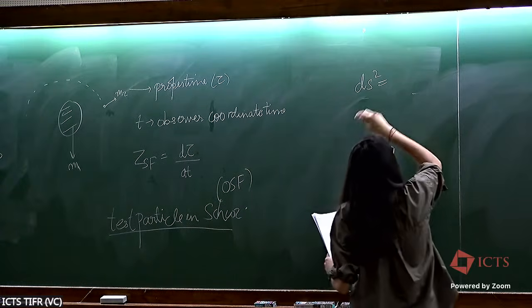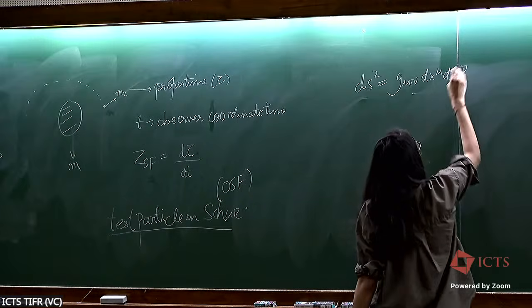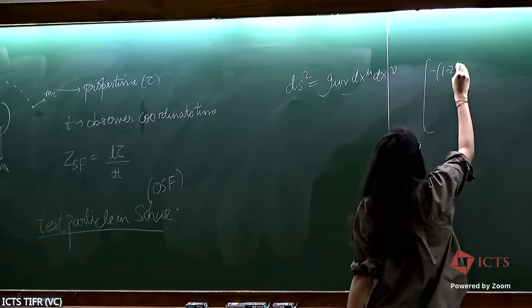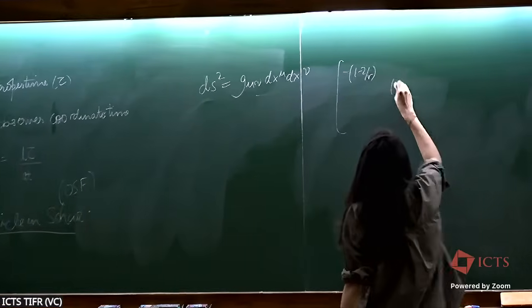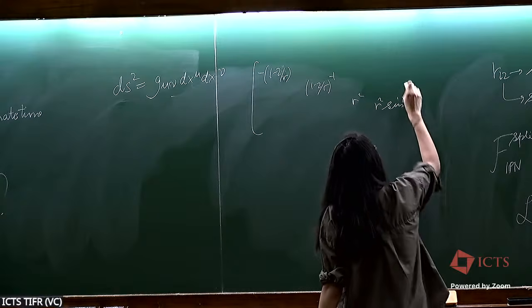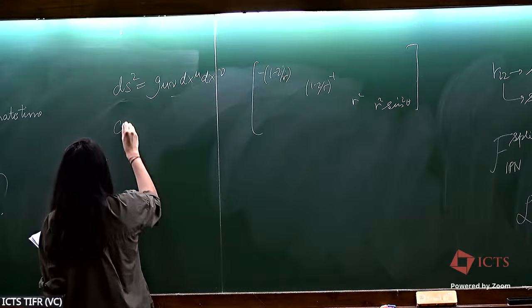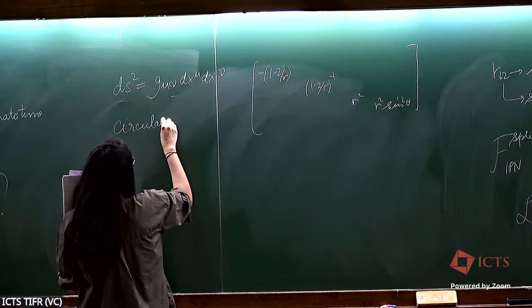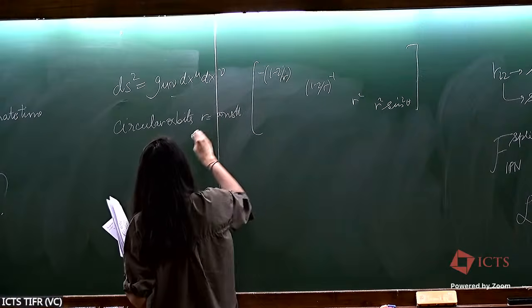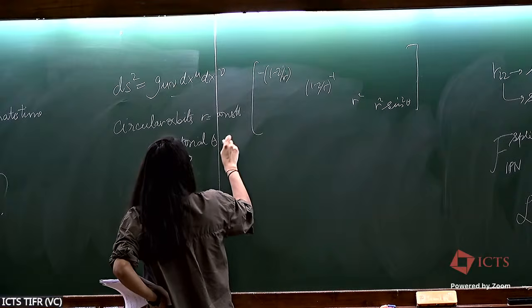So ds square, the line element, is g_mu nu dx mu dx nu, where we know g_mu nu is diagonal, with r square sine square theta for the phi component, and everything else is 0. For simplicity, again, we will focus on circular orbits, r equals constant, and also equatorial, theta equals pi by 2.